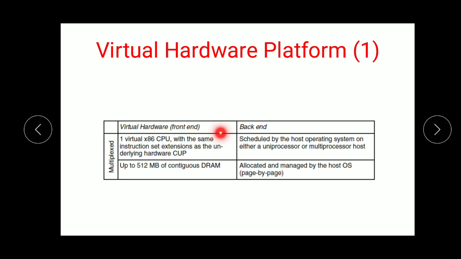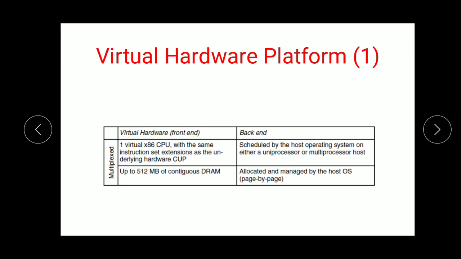This is visible to us, but in return what we are getting is this backend, scheduled by the host operating system on either a uniprocessor or a multiprocessor host. That totally depends on the user, whether it is providing a single processor or multiprocessor, depending on the x86 CPU.